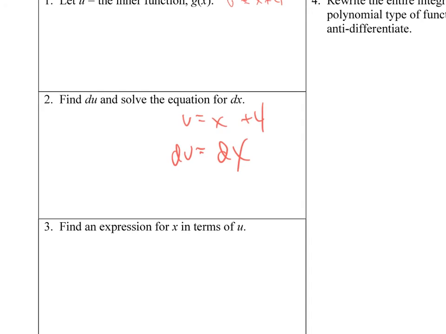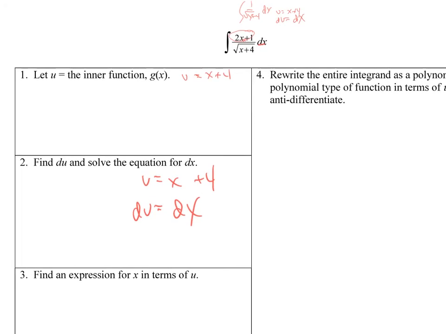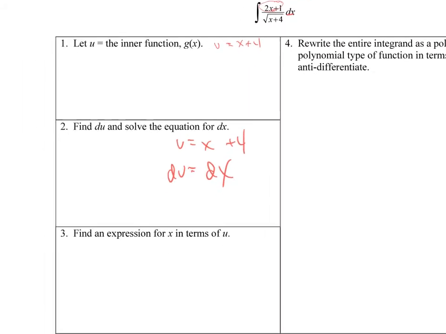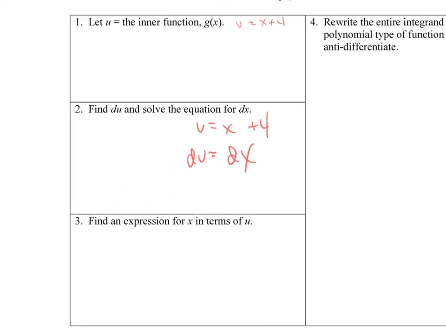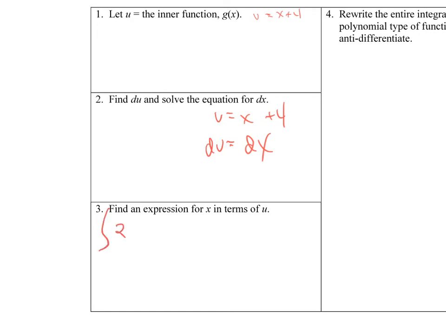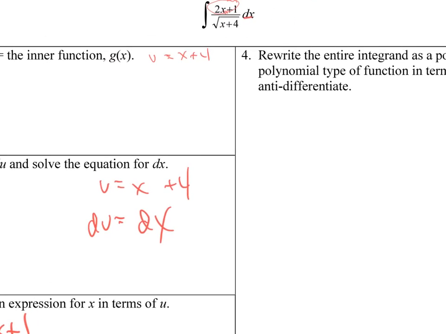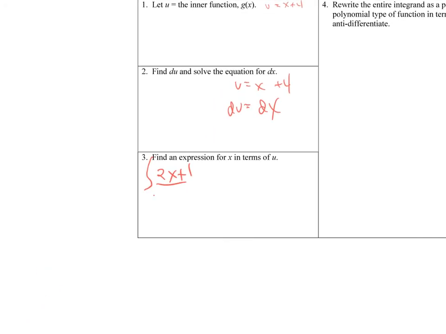Now I got to write the whole thing in terms of u's and du's. So let me write it out. It was 2x plus 1 on top. So I'm integrating (2x plus 1) on top and the square root of x plus 4 dx. So let's see how hard this is going to be.